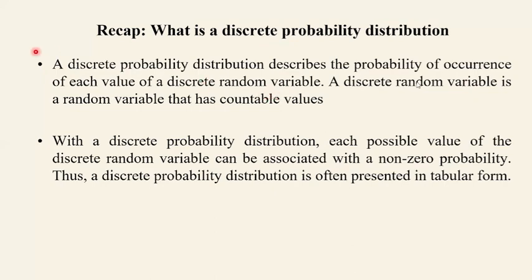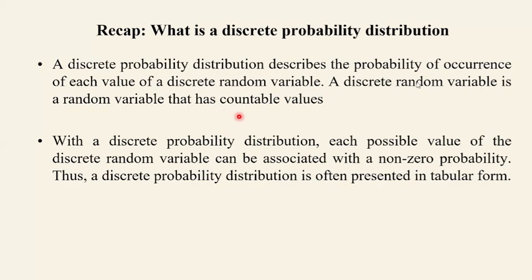So the discrete probability distribution describes the probability of occurrence of each value of a discrete random variable. However many values there are, for each and every value we have to give the probability, right? And a discrete random variable is a random variable which has countable values, right?